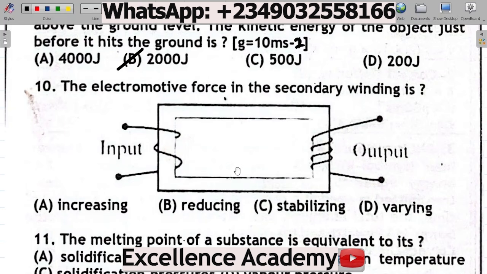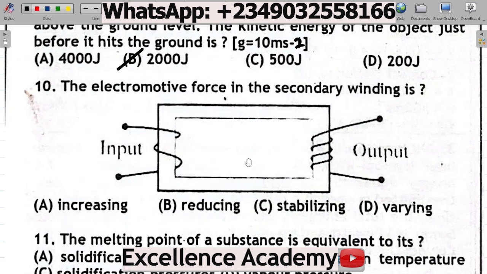Now, therefore, we can say that the magnetic field produced is constantly changing, which means that the induced EMF, that is, the induced electromotive force in the secondary coil or secondary winding, is also constantly changing because this transformer uses an AC.